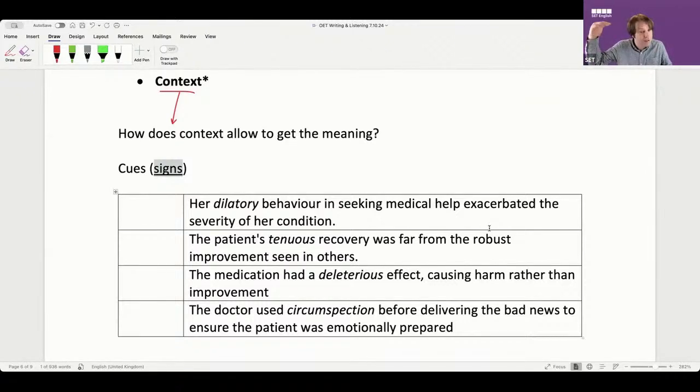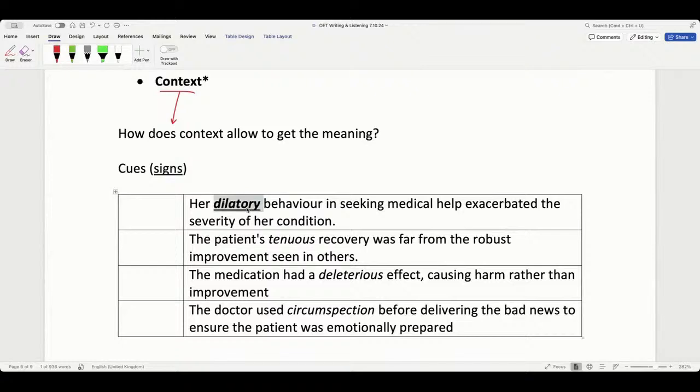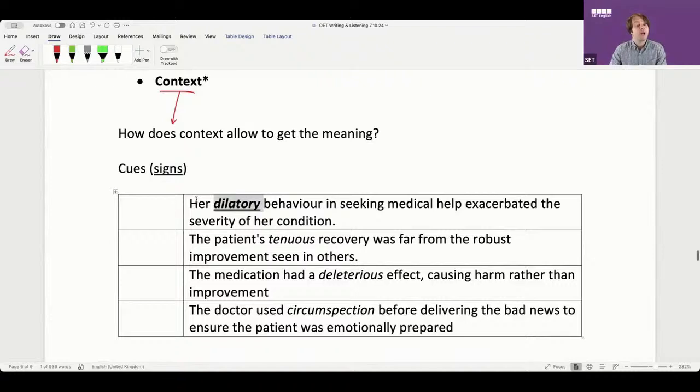Can we think about the different types? There are different types of signs. Let's look at this one. Gaida, could you say hello? Hello there. Diligent behavior in seeking medical help exacerbated the severity of her condition.